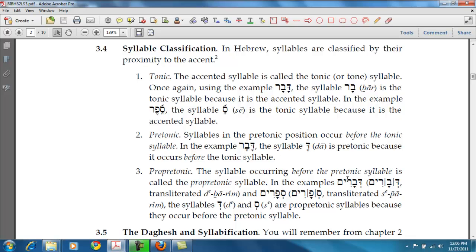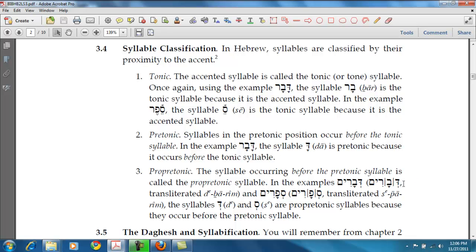Thus, the da is the propretonic. It becomes the furthest, so it reduces down even further. It goes down from a kametz to a shva, devarim. And you can see how it's broken down into syllables: de, va, reem. Consonant, vowel, consonant, vowel, consonant, vowel, consonant.